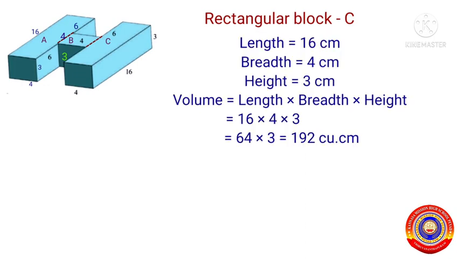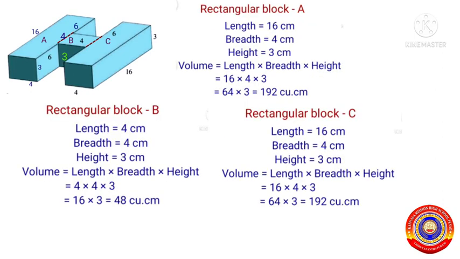Next, we have to find the volume of block C. Here, the length is 16 centimeters, breadth is 4 centimeters and height is 3 centimeters. Then the volume is length into breadth into height, that is 16 into 4 into 3, which is 64 into 3, equal to 192 cubic centimeters.